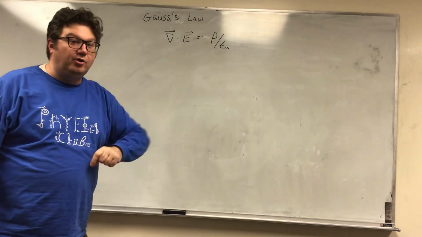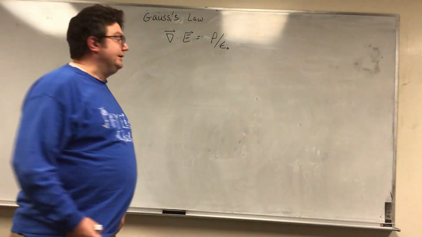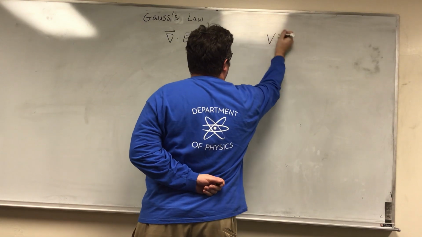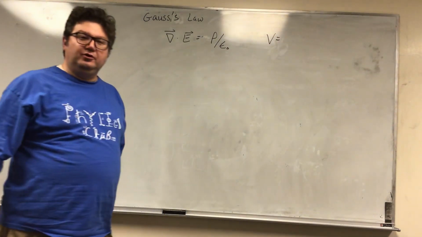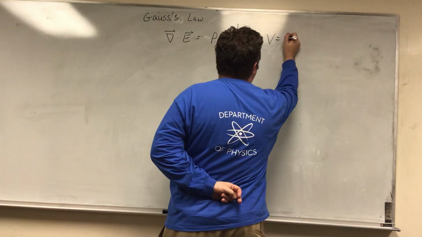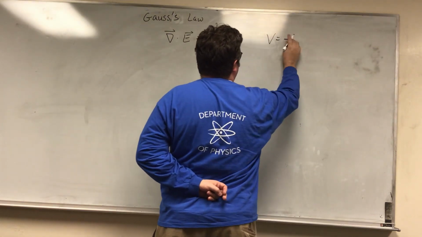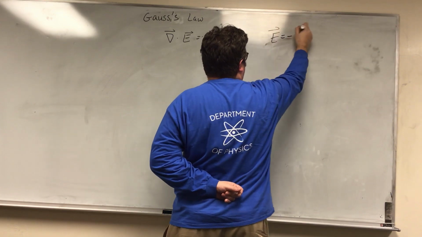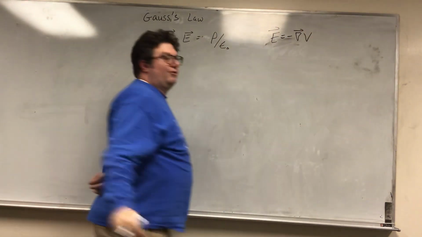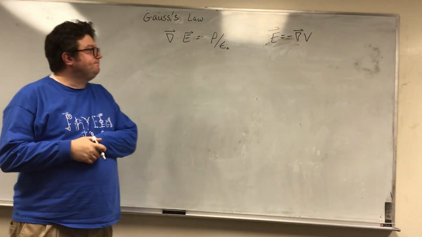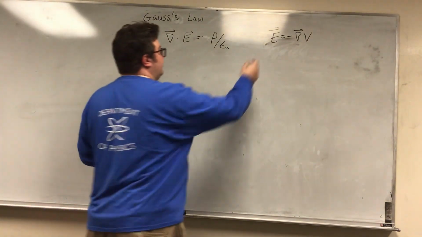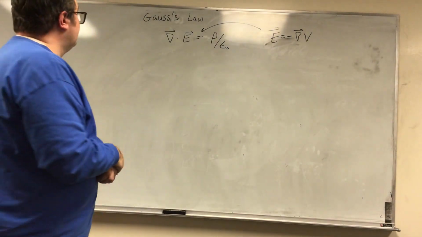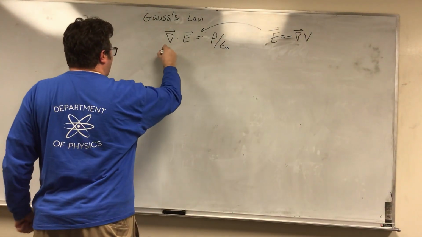But we also know the following. We know that the electric field is equal to the minus the gradient of the potential. So we can take this and plug it in to that equation. When we do, we get the following.